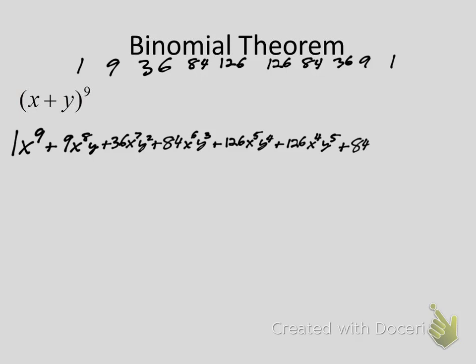Plus 84 x cubed, y to the 6th. Plus 36 x to the 2nd, y to the 7th. Out of room. Enter, return. Plus 9 x to the 1st, y to the 8th. Plus 1, y to the 9th.